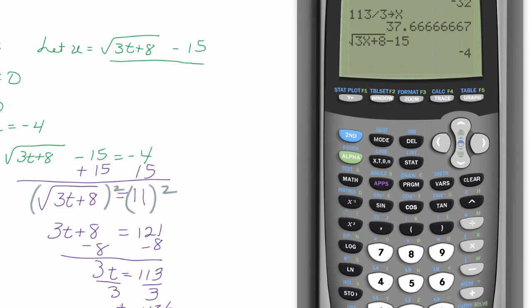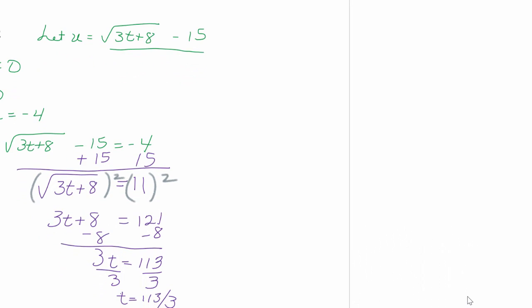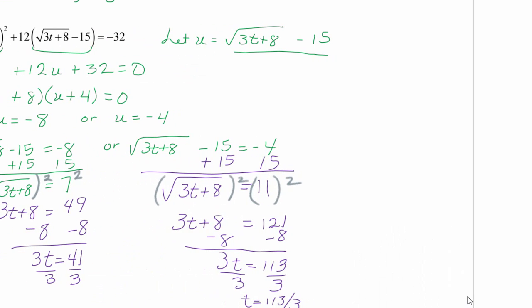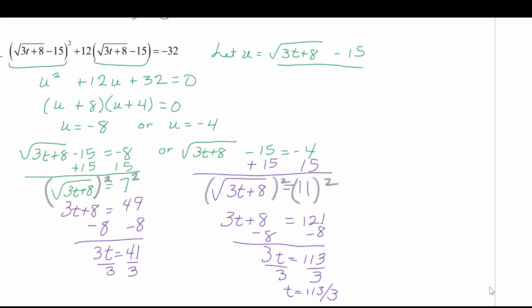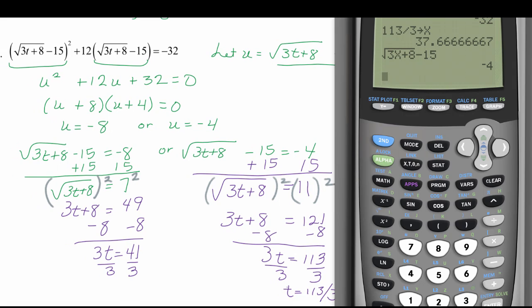That is negative 4 this time. So the equation was negative 4 squared plus 12 times negative 4. And let's see if we get the negative 32. And we do. So those two fractions check.